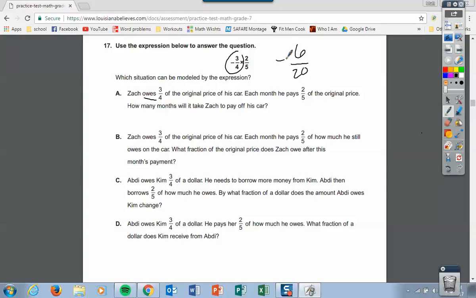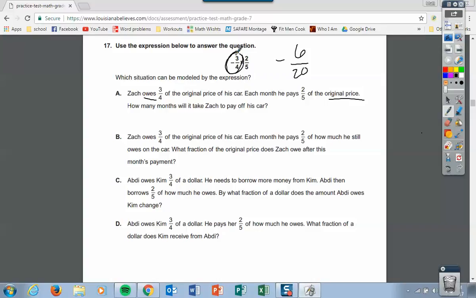Sorry, I'm back now. Zach owes 3/4 of the original. Each month he pays 2/5 of the original price. What I'm looking for here is that this 2/5 is of the original, so it's not going to be of the 3/4 that he owes.